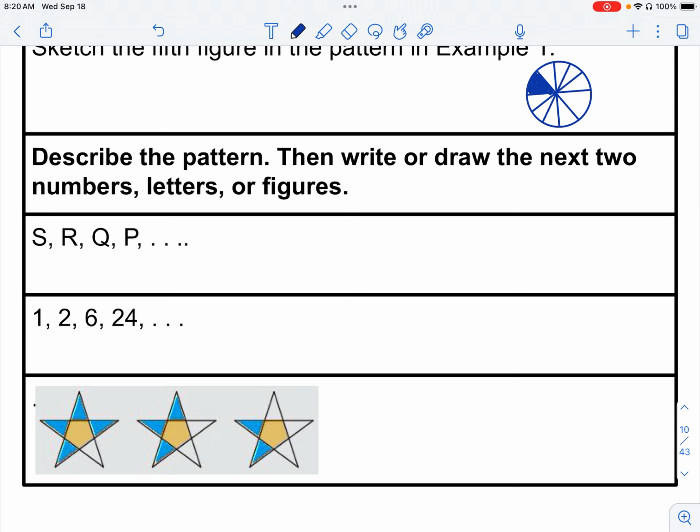So we're actually going in reverse alphabetic order. So our next two are going to be O and N.